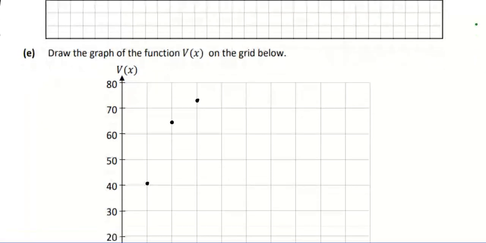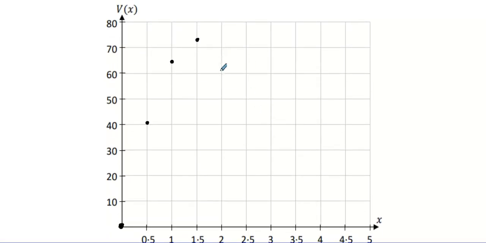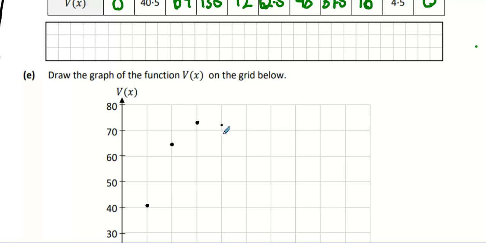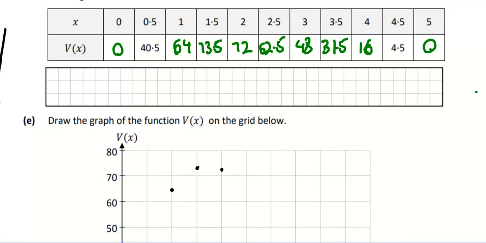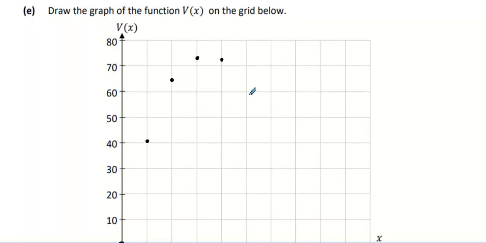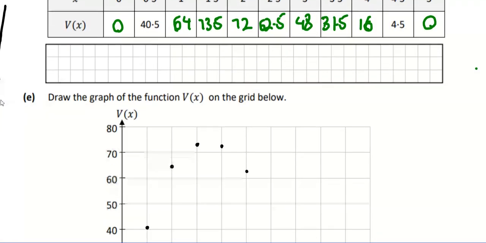We're going to go for 2 and 72, so that means it's actually lower. 72 is about there. We're going to go for 2.5 and 62.5, around here. Has to be below 64.